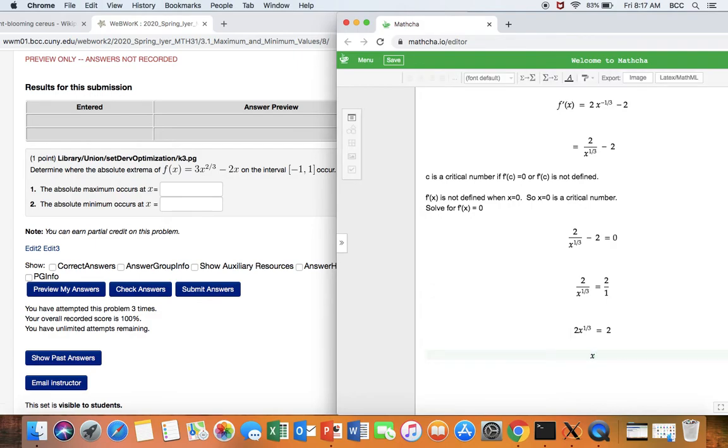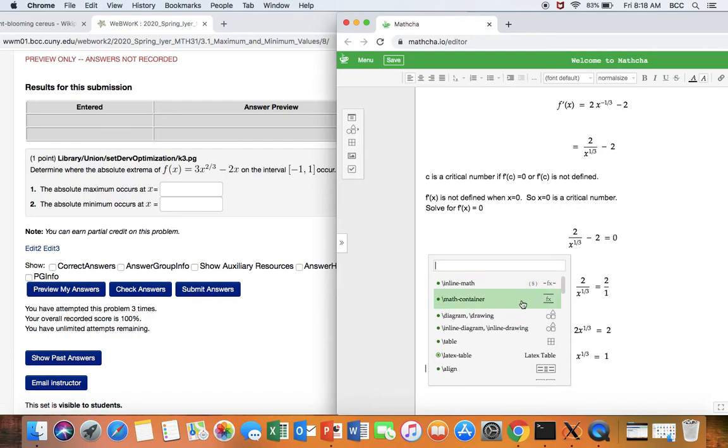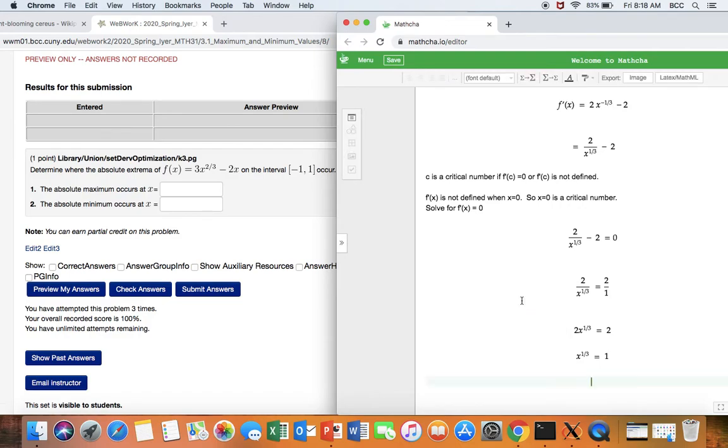Why don't I divide both sides by 2? I get x to the power 1/3 equals 1. Okay, dividing both sides by 2. Aha, now how do I solve for x? x to the 1/3 is same as saying cube root. You can take power 3 of both sides. So x to the power 1/3, power 3 equals 1 power 3.